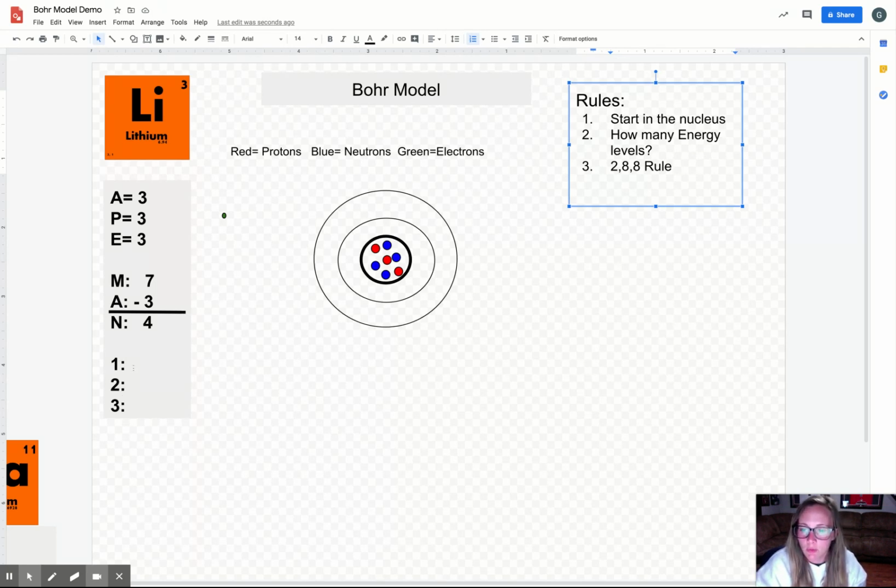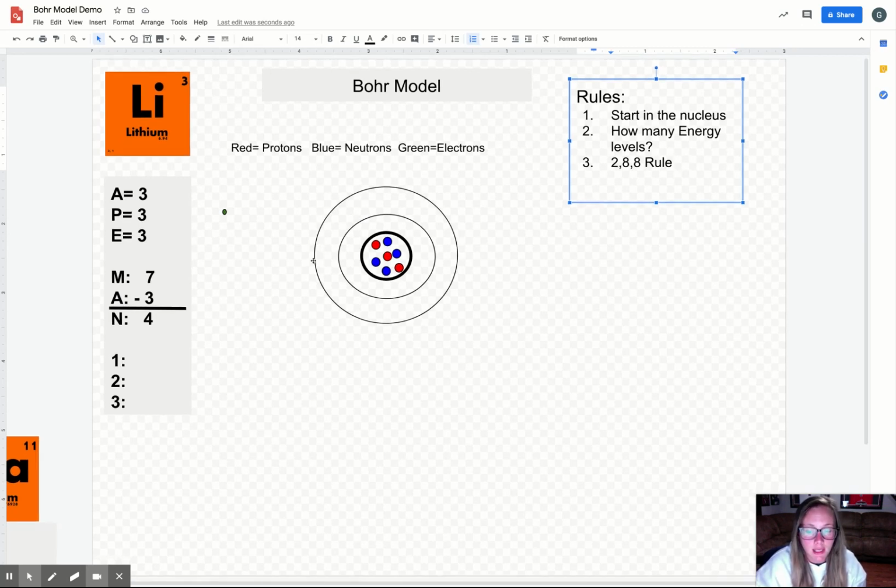The 2-8-8 rule tells us that the first energy level, this first ring, can only have a maximum of 2 electrons. It can have less, but it cannot have more. The second energy level cannot have more than 8 electrons. It can have less, but it can never have more. And the same rule is for the third energy level.